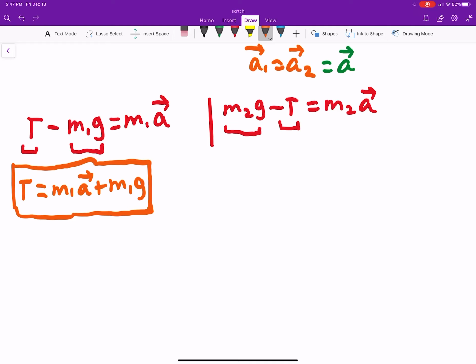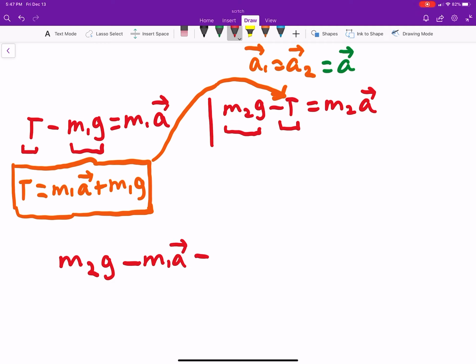So we can take this and plug it right into there. And what do we get? Well, mass 2 times g minus m1 times a minus m1 times g equals m2 times a.